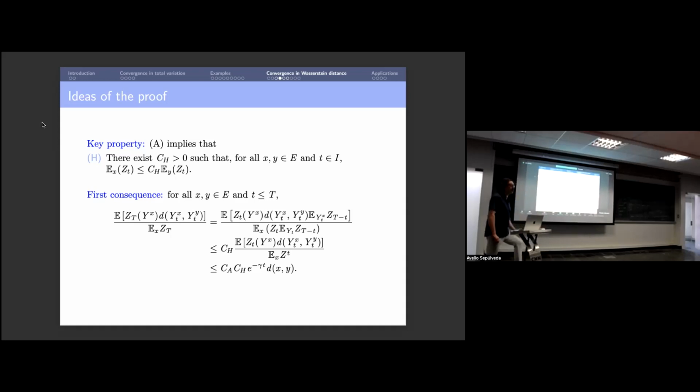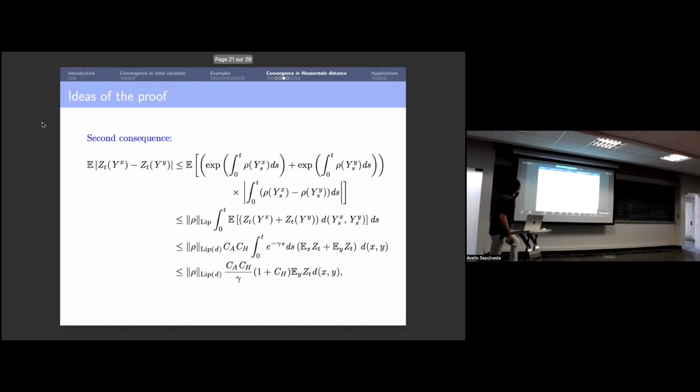So my assumption A is strong. I'm going to say in the end some words about extensions, but I do not have the time to enter into all the details of the proof.